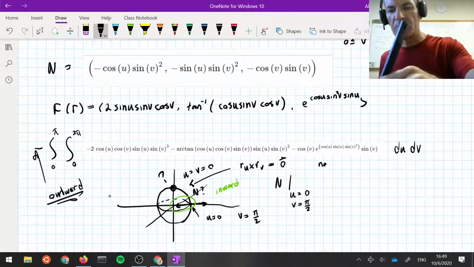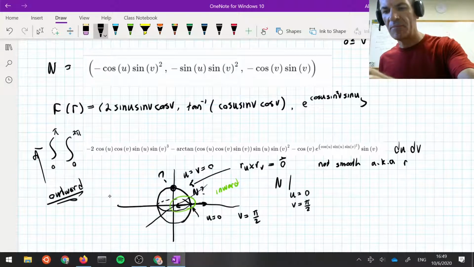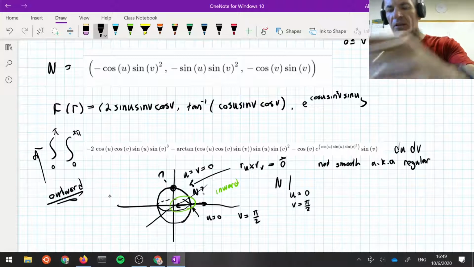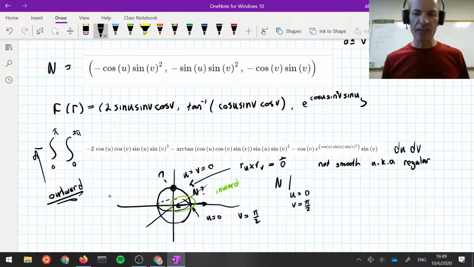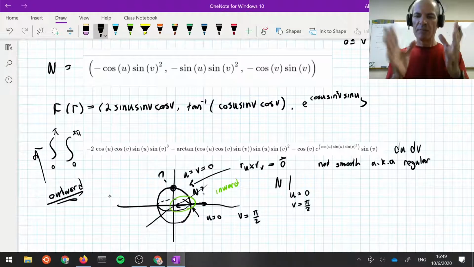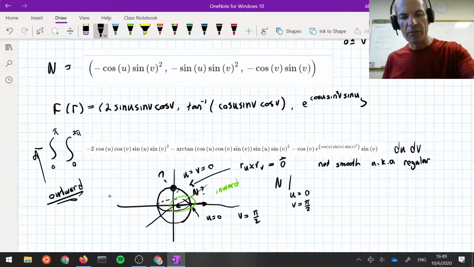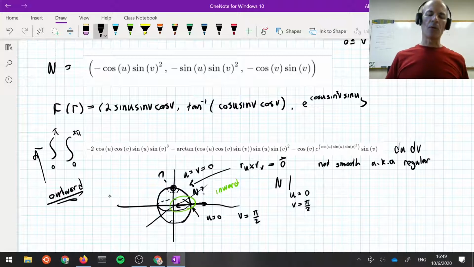So this is not smooth, aka regular. And you're like, well, can we do any of this stuff if it's not smooth or if it's not regular? And short answer is yes, because it's only misbehaving at one point. And integration is very forgiving about misbehavior at one point. So just stay away from that point if you want. If you really want to get technical, do the surface integral and just stay away from the poles.